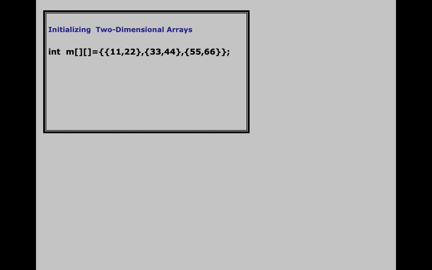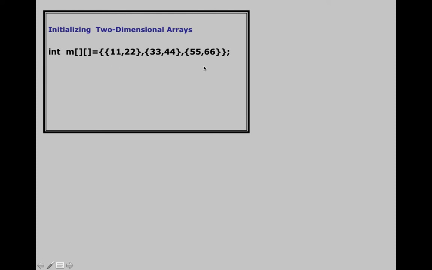Now how to initialize a two-dimension array? Very simple, like this. So come on, tell me one thing. What do you think? m will have how many rows now? 3 rows. And each row will have how many columns? Well, 2 columns. See, over here you will see nesting of braces.